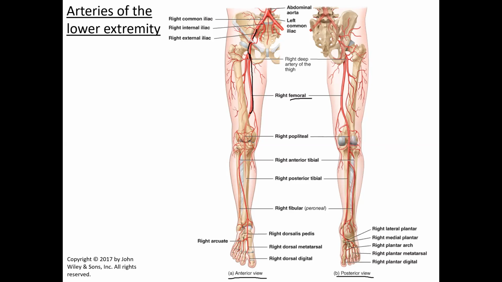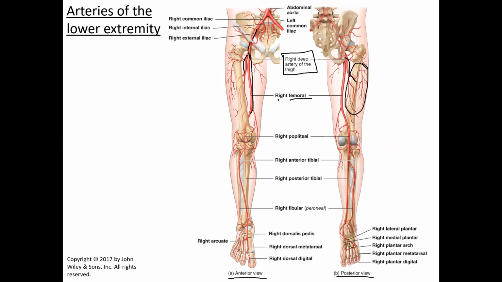Pretty high up, it gives a branch called the deep artery of the thigh, or the deep femoral artery is also a commonly used name. And if we look at the posterior view, we can see that it runs posteriorly and gives quite a lot of branches to supply the posterior of the thigh.